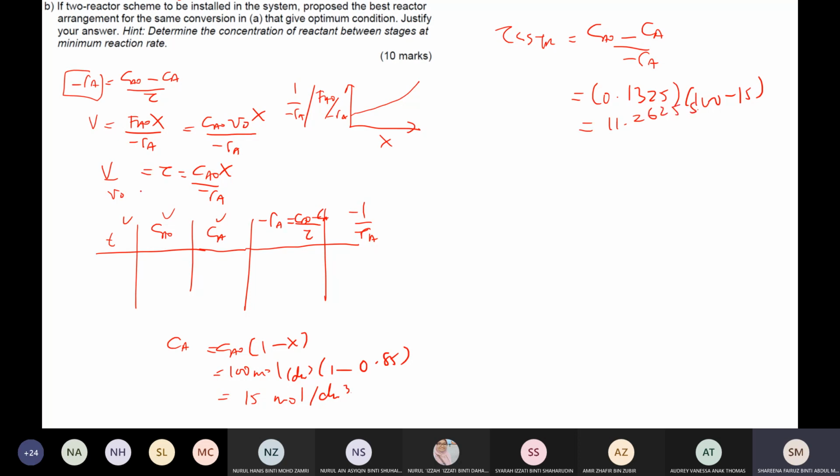Ni saya kena bagikan. 200, 150, 40. So this one is 7.1. So banyak.